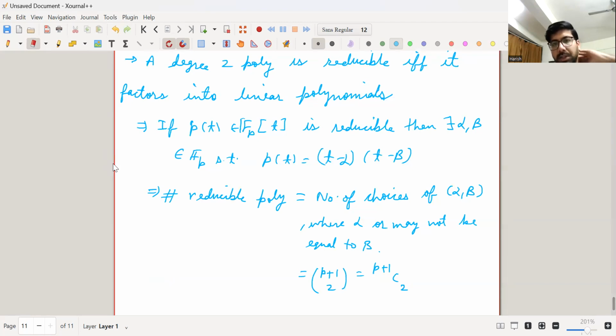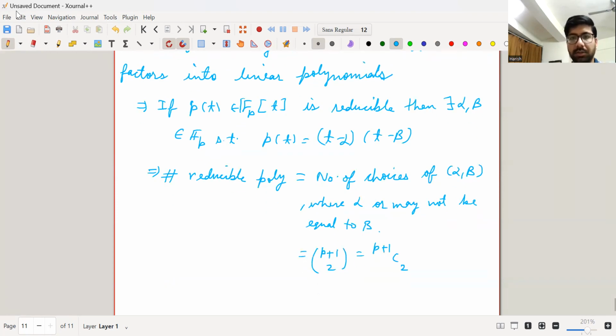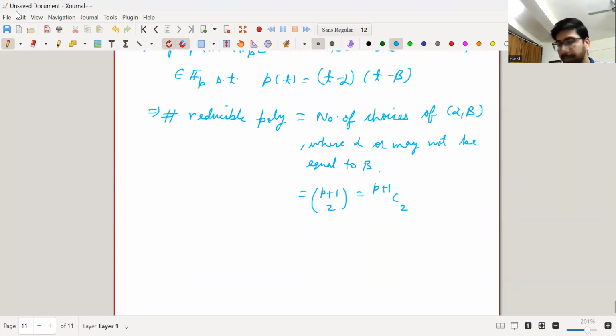So these are the reducible polynomials, and this implies the number of irreducible polynomials is equal to p square minus (p plus 1) choose 2.